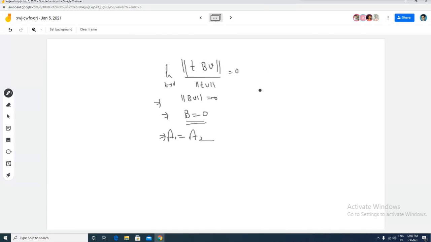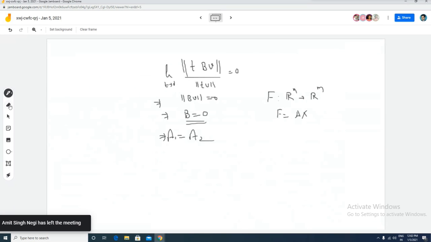In the next turn, we will first take the simplest example: suppose f itself is a linear transformation. If you take a function f from Rn to Rm such that f is a linear transformation, without writing it in the form ax, you just say that this f is a linear transformation.